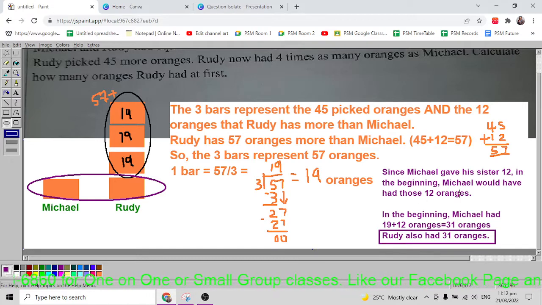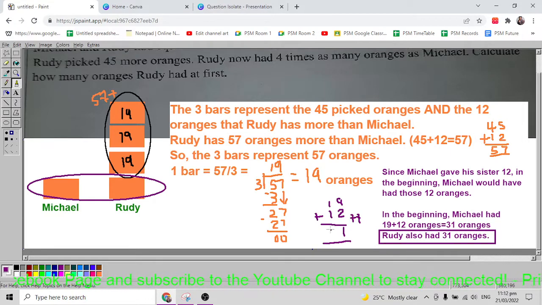Finally, in the beginning, Michael had 19 plus 12 oranges, which is equal to 31 oranges. To make sure: 9 and 2 is 11, put the 1 there, 1 and 1 is 2, and then 3. That's 31. You have all the work in this question.